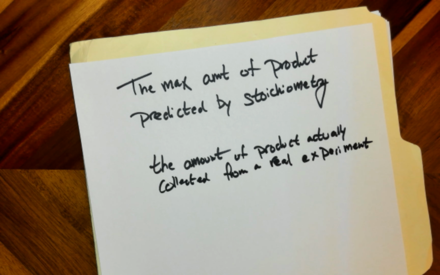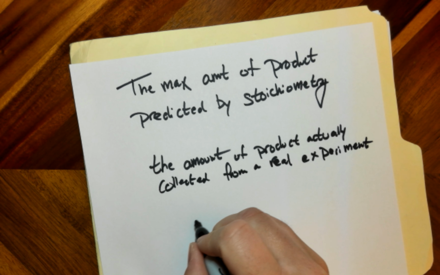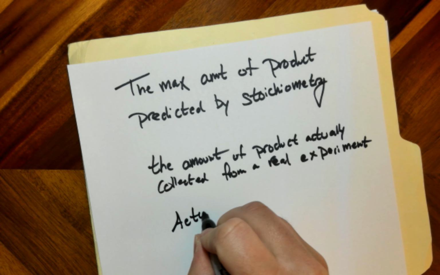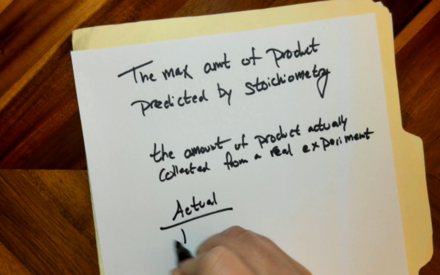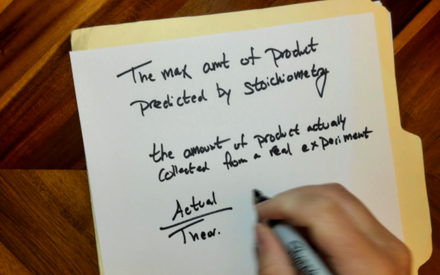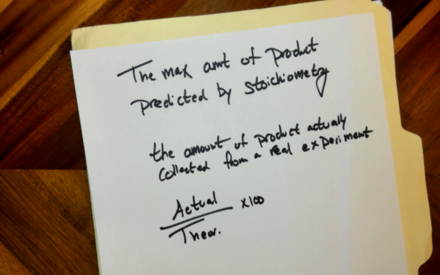The amount of product actually collected from a real experiment. Okay? Remember that percent yield is the actual yield divided by the theoretical times 100. Okay? That's the key point here. The actual over the theoretical times 100.